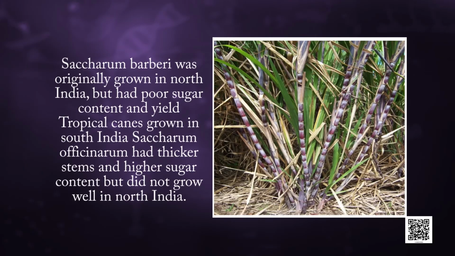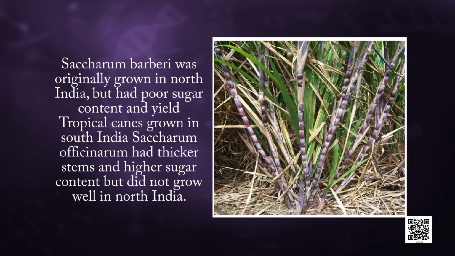Sugarcane. Students, when we talk about sugarcane, two species come to our mind from North India and South India. Saccharum barberi was originally grown in North India but had poor sugar content and yield.